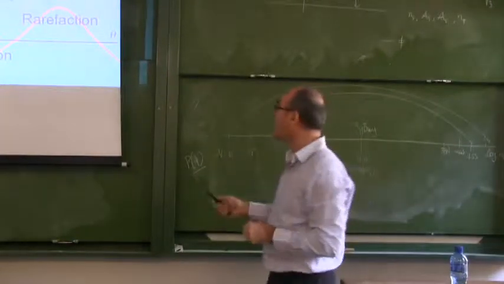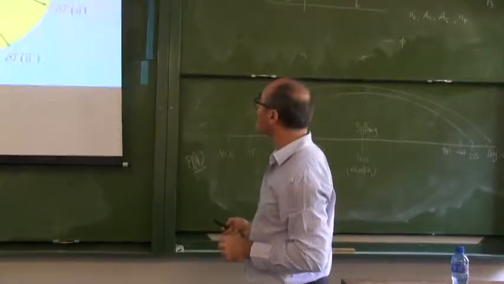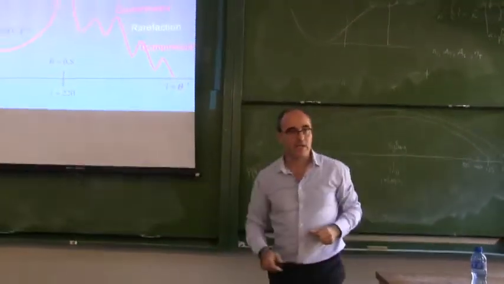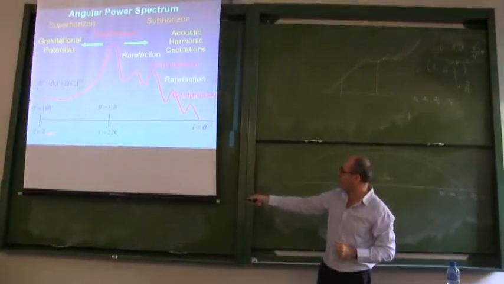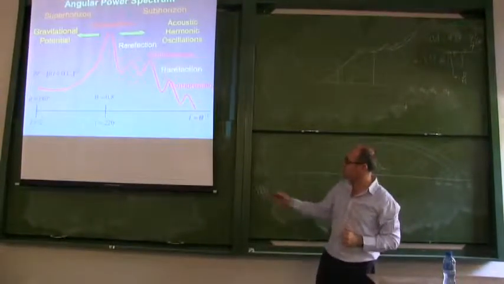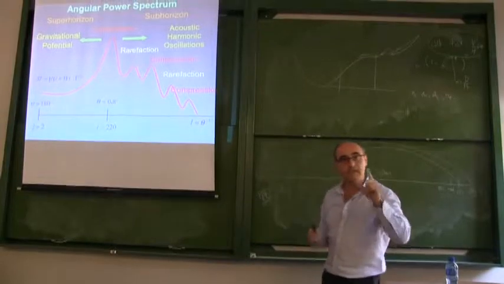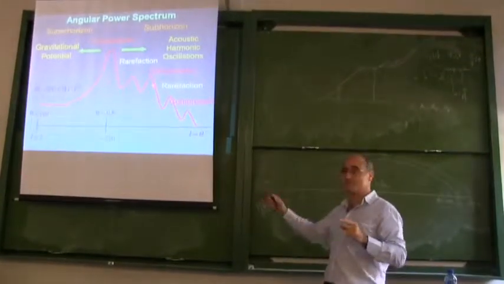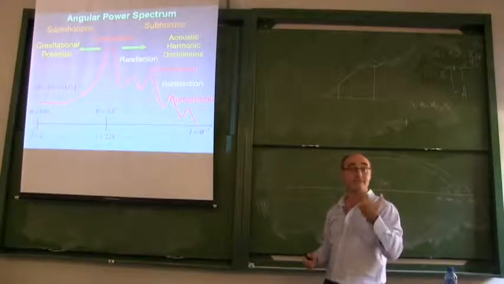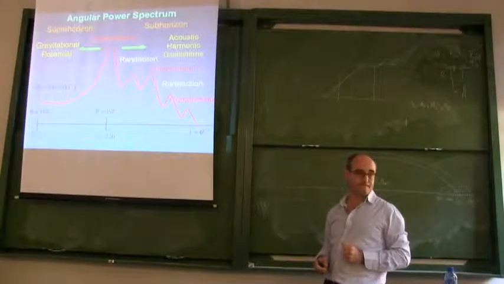So the reason why we can observe these happening, so that there are peaks in the spectrum of the two-point correlation function as a function of angle, or here in multipole numbers, is because all those nodes at very different locations have exactly the same compression and rarefaction.